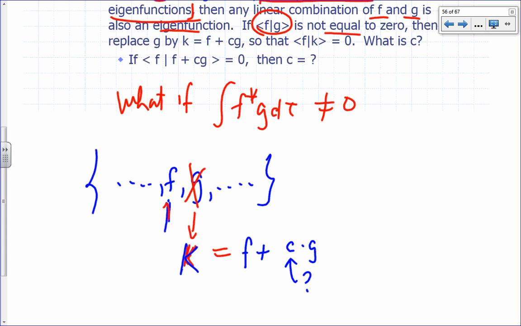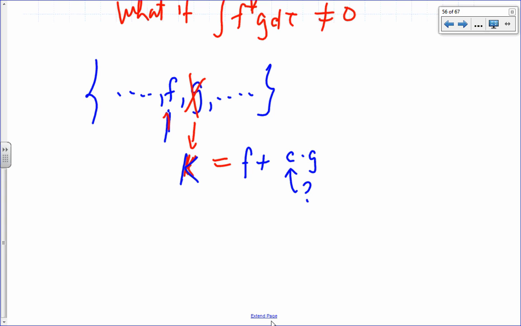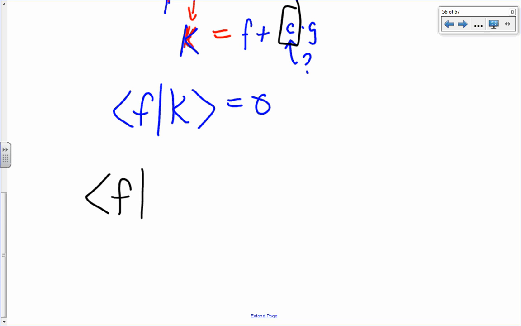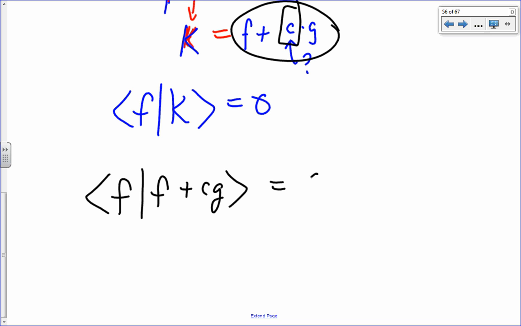So we're going to choose the c here so that f and k are orthogonal. How can we make f and k orthogonal? What should be the value of c? Let's do it this way. The integral of f star times k, which is f plus cg, must be equal to 0.